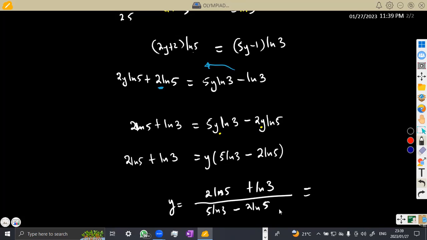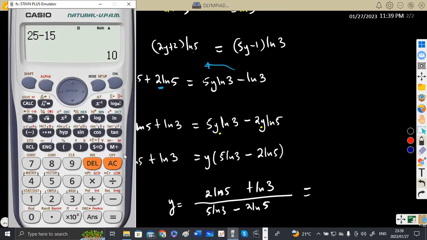That's what you have, and you can just use your calculator now to simplify this. Having a fraction, that's 2 ln 5 plus ln 3, everything over 5 ln 3 minus 2 ln 5.